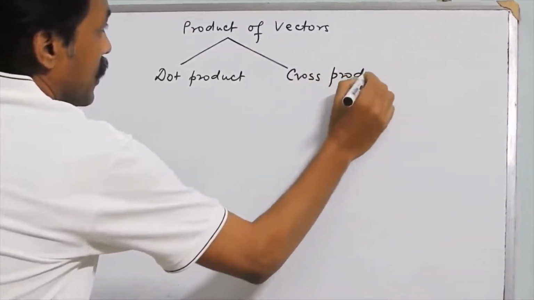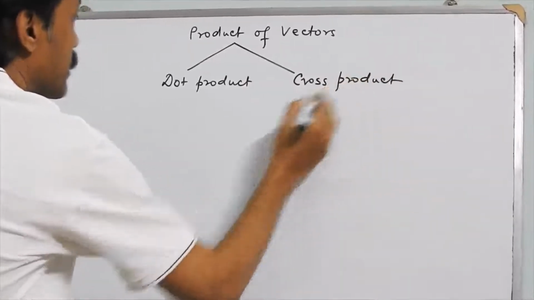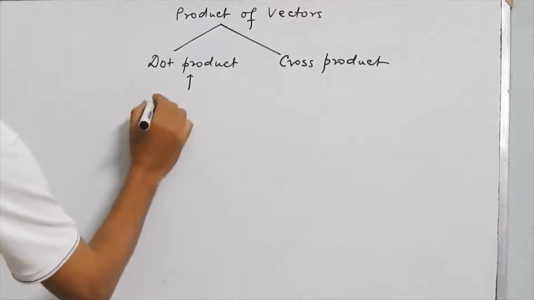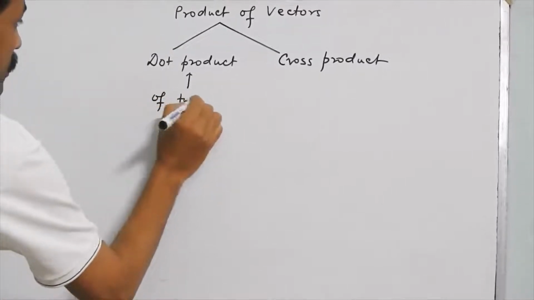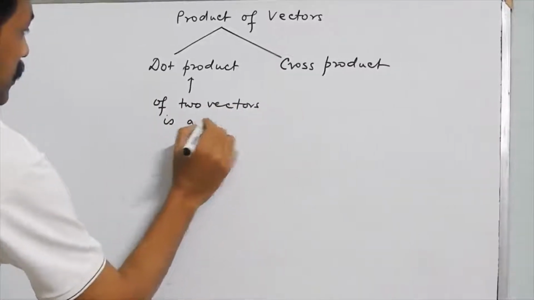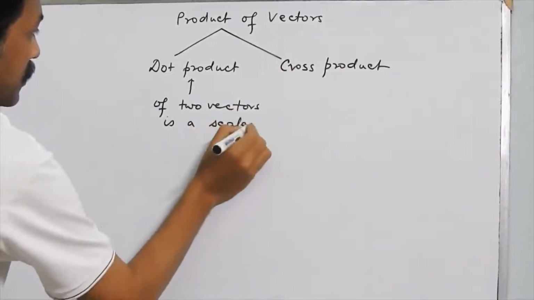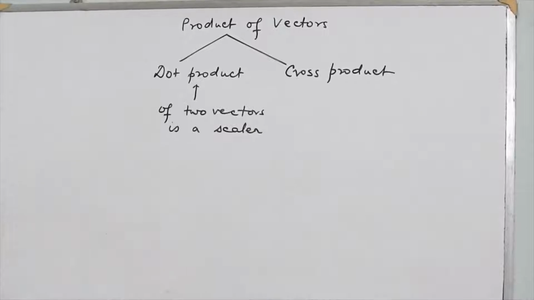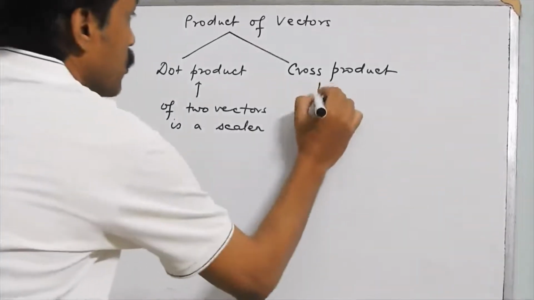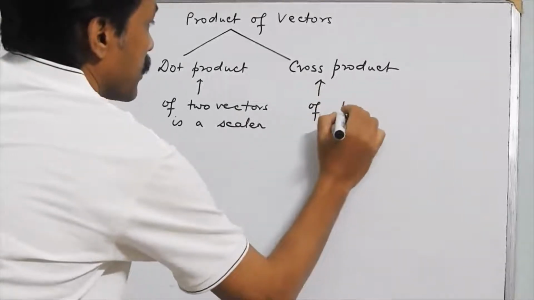Now, in the case of dot product, the dot product of 2 vectors is a scalar, whereas the cross product of 2 vectors is a vector.